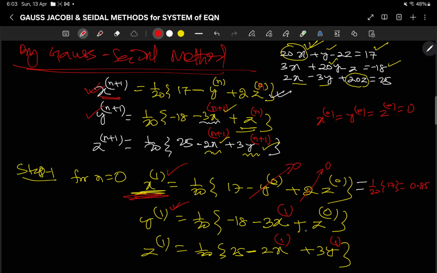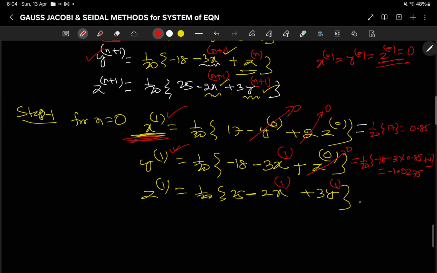So now for this we have, this is my 0.85. I substitute 1 by 20, it is minus 18 minus 3 times 0.85 plus here 0. Okay, if you simplify it, it will be minus 1.0275.